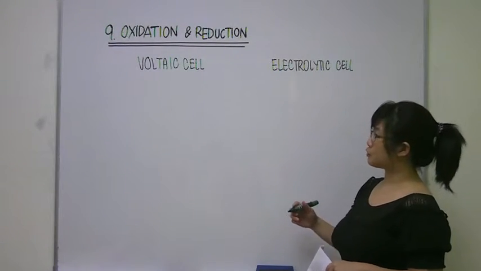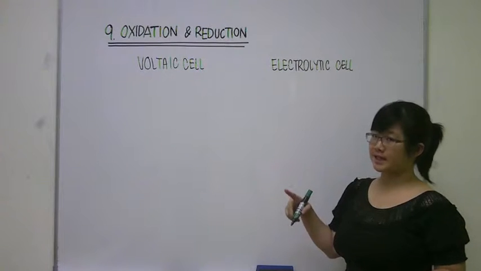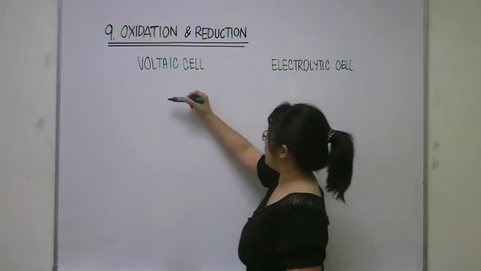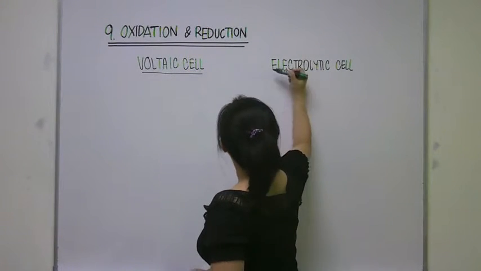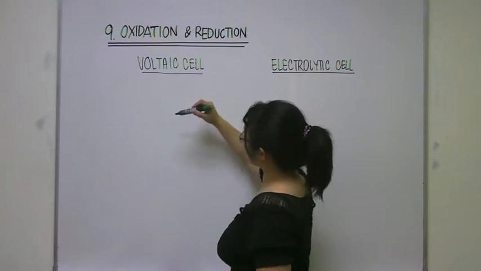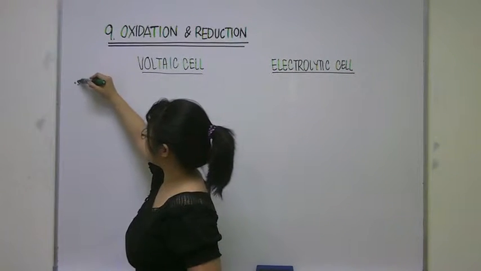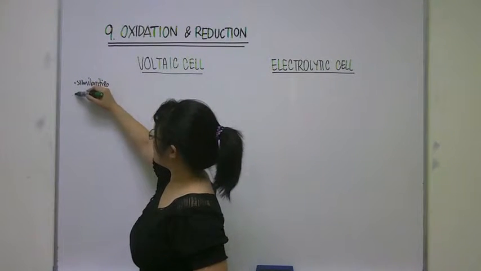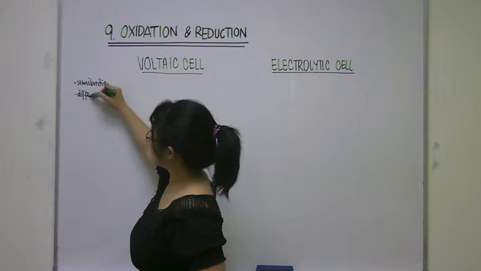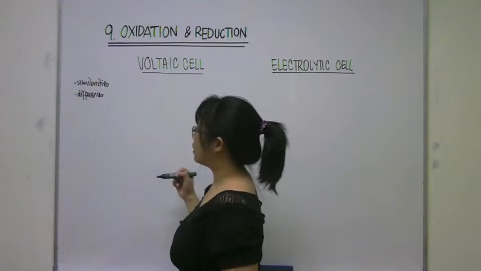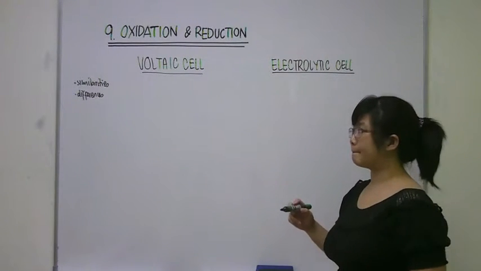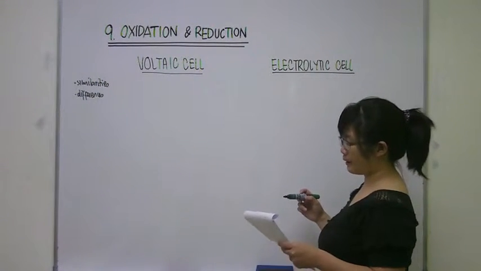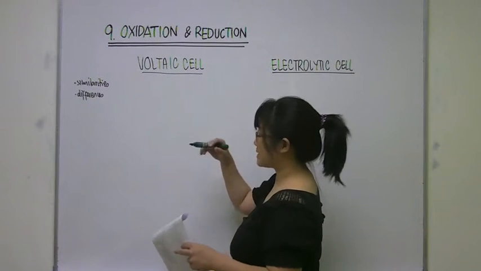The next part of redox, we are going to be discussing voltaic cell and electrolytic cell. Mainly, students need to know the similarities and differences. That includes the setup.